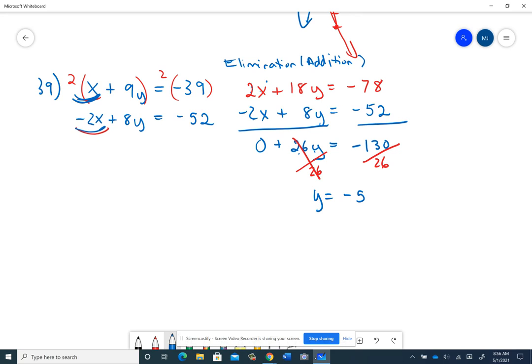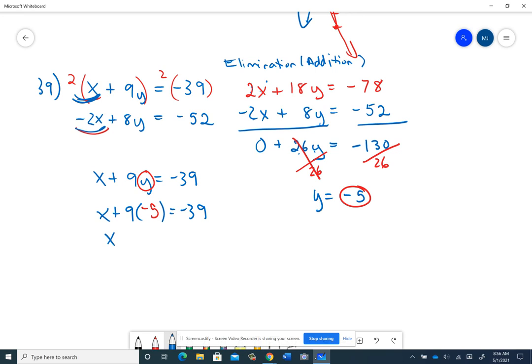But generally what you do is you just understand that the ordered pair has got to be on both lines. So take one of the two equations, and you know that the y coordinate has to be negative 5. So you're able to plug it into that formula and just work that out.